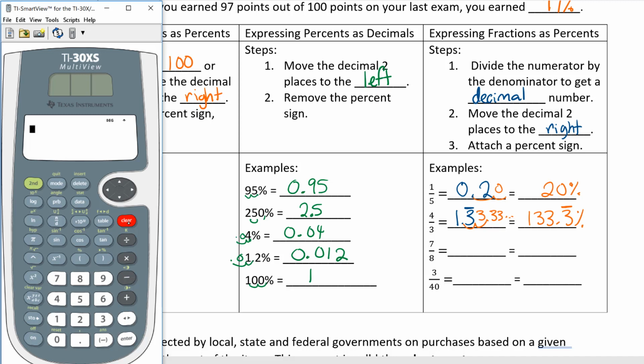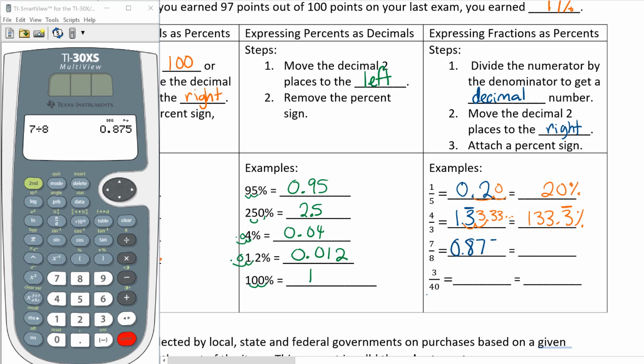Our next example is 7/8. So if I take my calculator and take 7 divided by 8, that gets me in decimal 0.875. Now I'm taking that decimal and moving the decimal place over 2 places to get 87.5, add a percent sign.